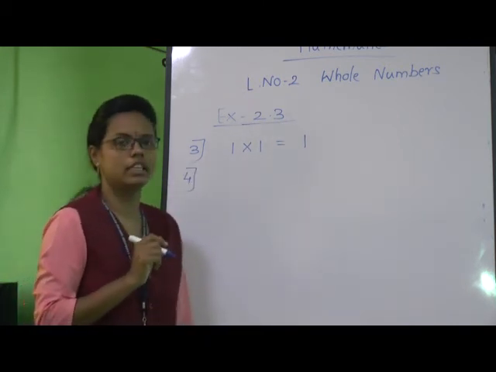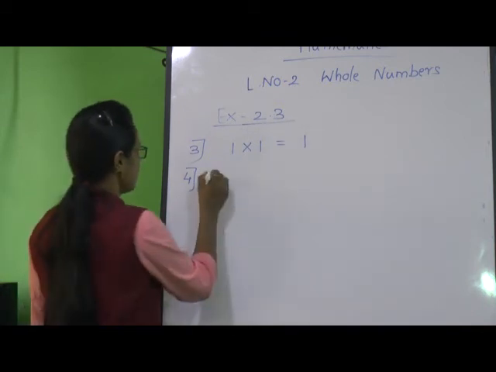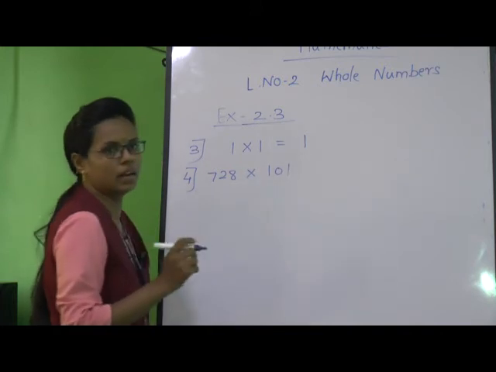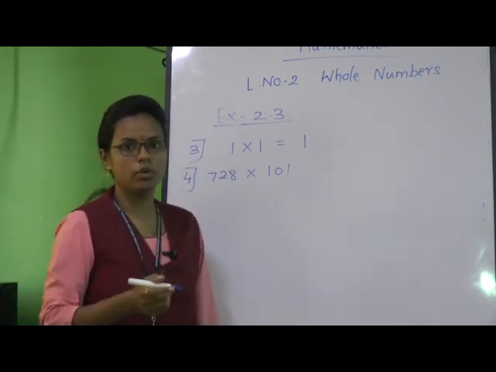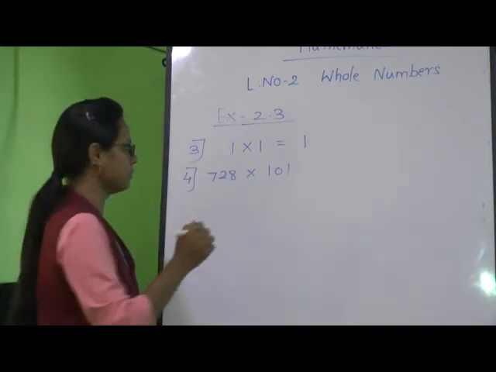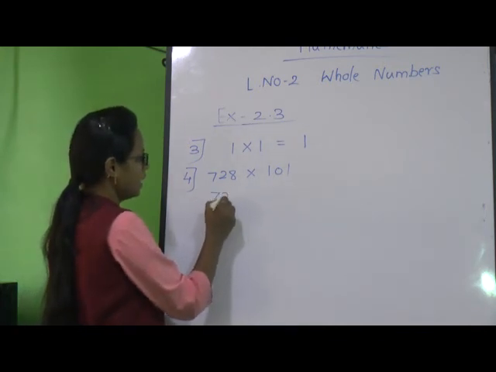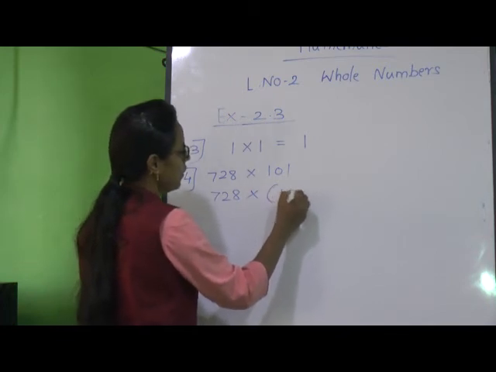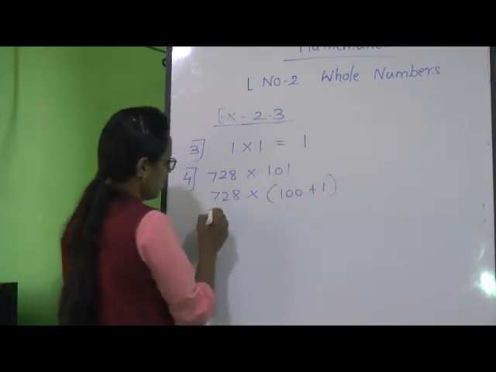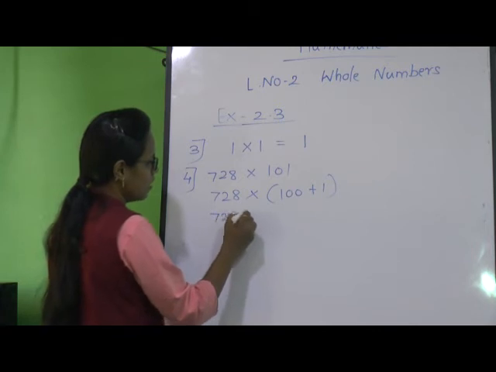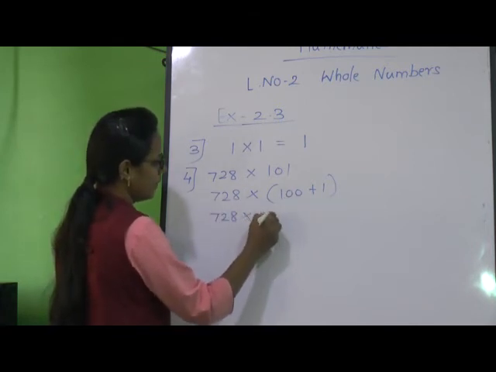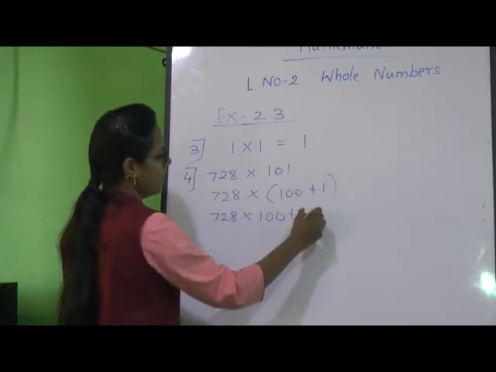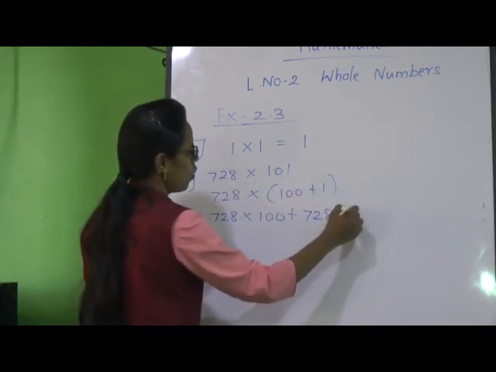Find using the distributive property: 728 multiplied by 101. Here we have to distribute and then find the answer. 101 can be distributed as 100 plus 1. Now 728 will first be multiplied by 100, plus 728 will be multiplied by 1.